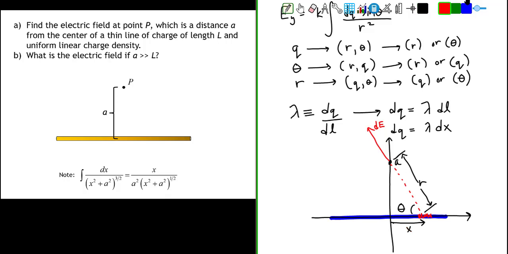So if you look at this, we have a right triangle there. That right triangle has sides x, a, and a hypotenuse of r. This is enough information to express r in terms of x and a, and theta in terms of x and a.